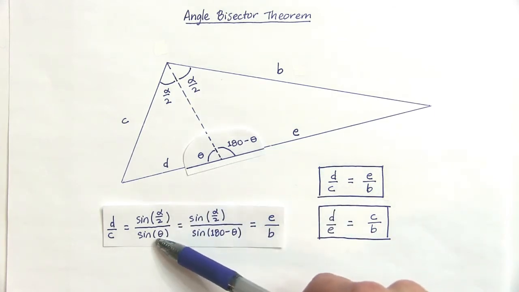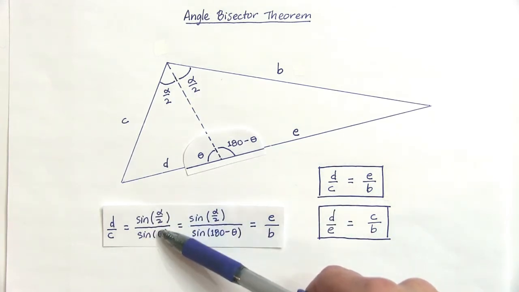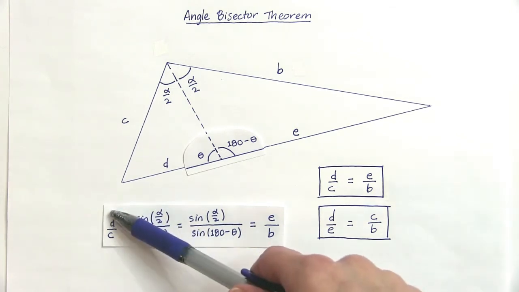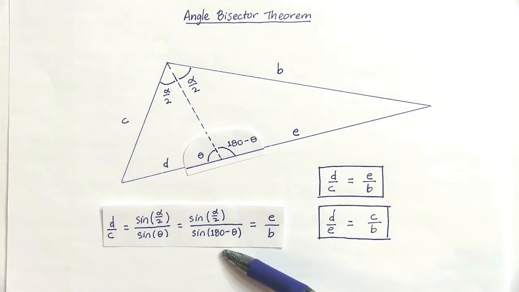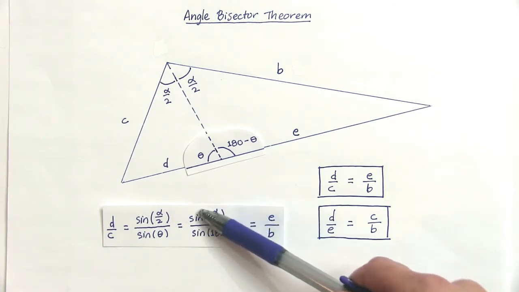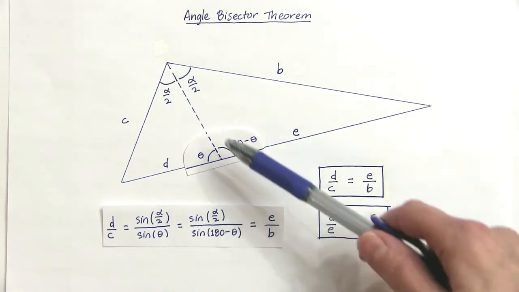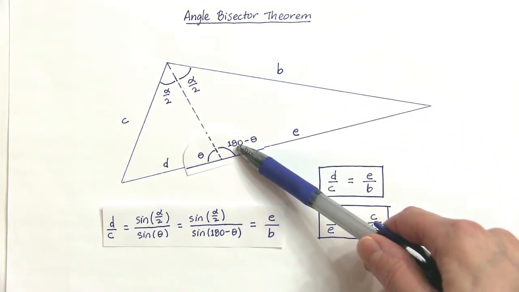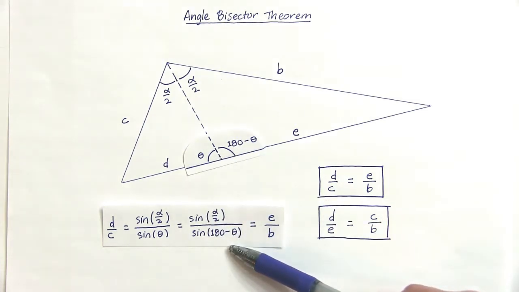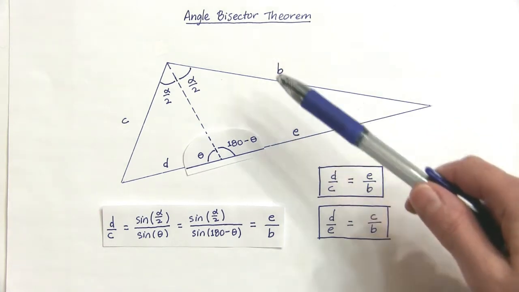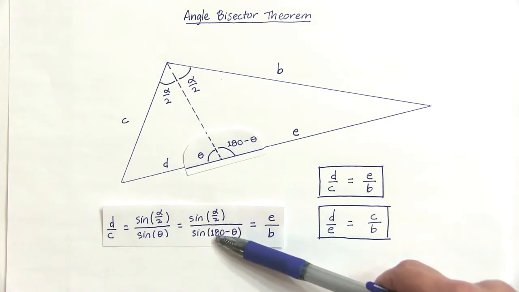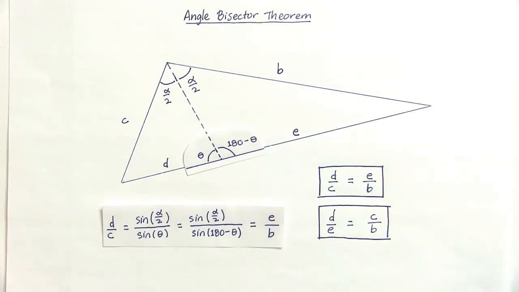So replacing the sine of theta in this ratio here with the sine of 180 minus theta, we have that D over C is equal to this ratio, but the law of sines again says that the sine of alpha over 2 over the sine of 180 minus theta is the ratio of the corresponding sides, or E over B, because E is opposite of alpha over 2, and B is opposite of 180 minus theta.